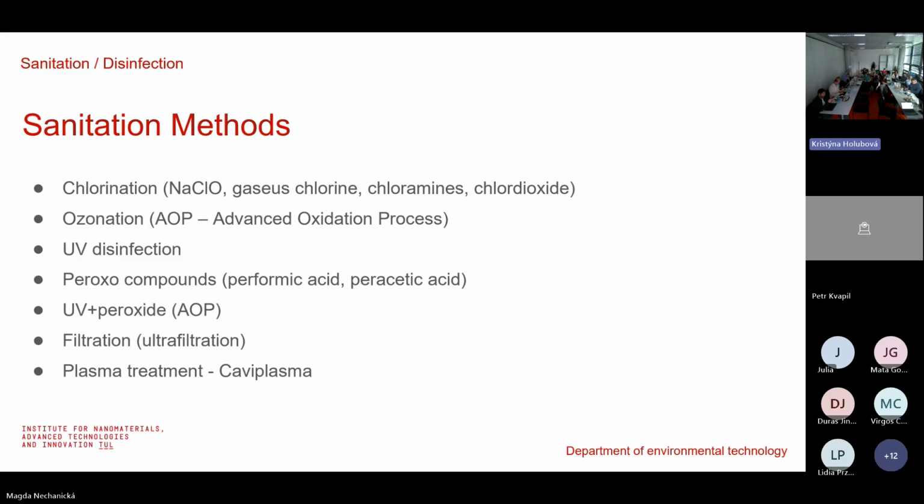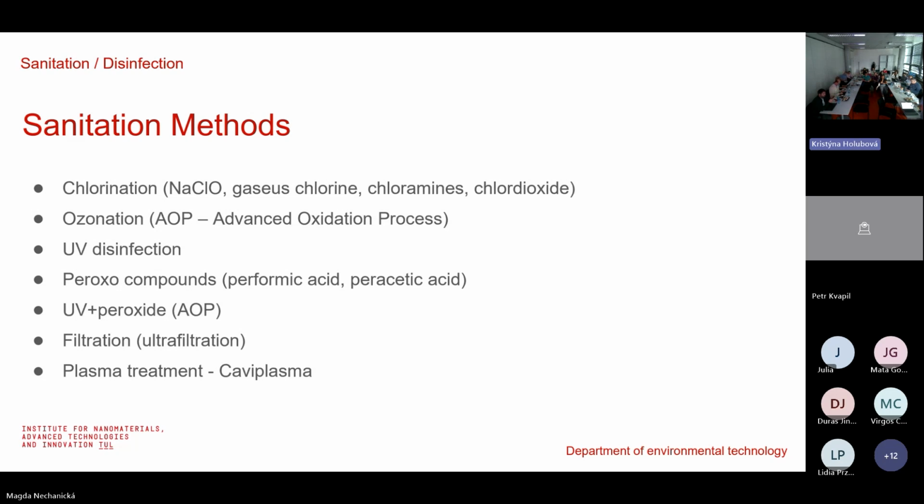Then there is surely chlorination, using calcium chloride, perchlorate bleach, chloramines, and also a modern method is the use of chlorine dioxide, with the advantage that the water is without any byproducts. Ozonization is surely one of the most important and widely applicable methods.